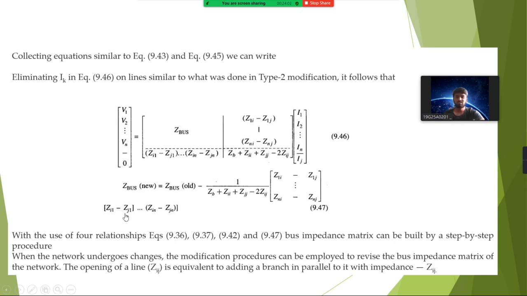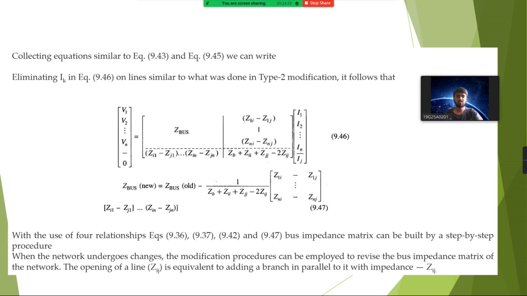The final conclusion is that, with the use of the above four relationships, the impedance matrix can be built by a step-by-step process.